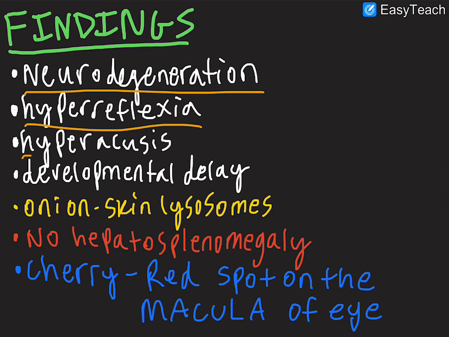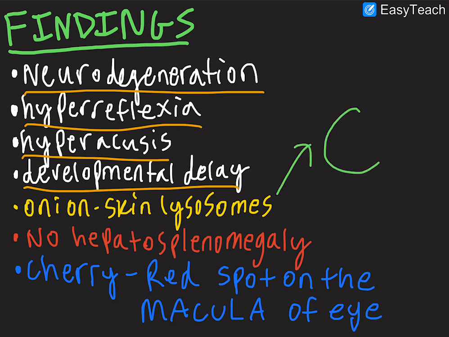We also see hyperacusis and developmental delay in Tay-Sachs disease. Another important finding is that if you look at the lysosomes, they'll look like onion skin lysosomes, kind of like this. So onion skin lysosomes, neurodegeneration, developmental delay, hyperacusis, hyperreflexia.